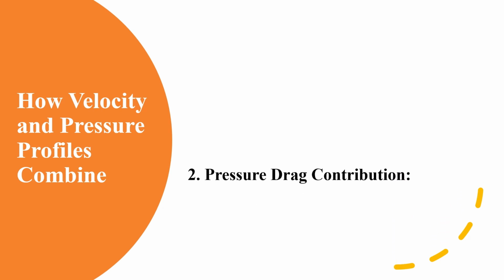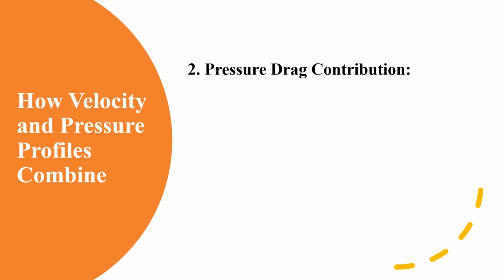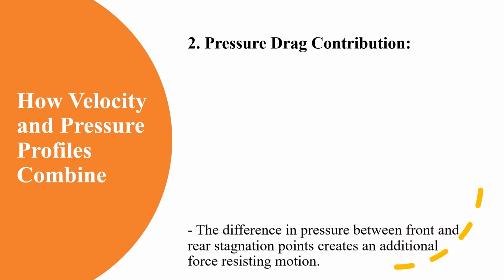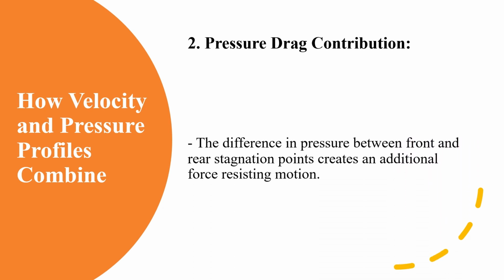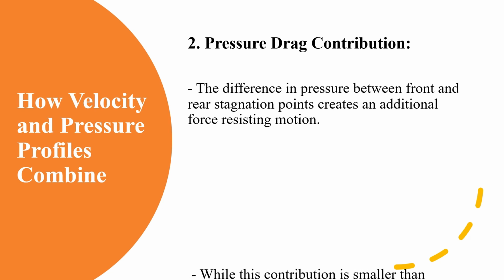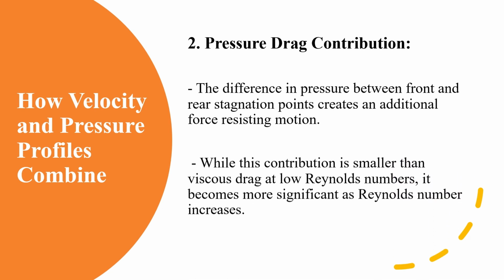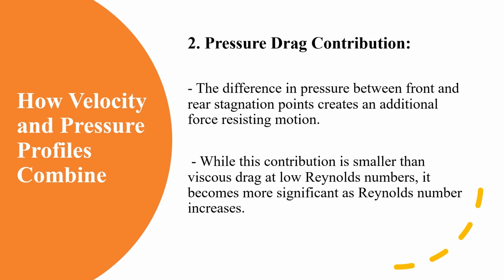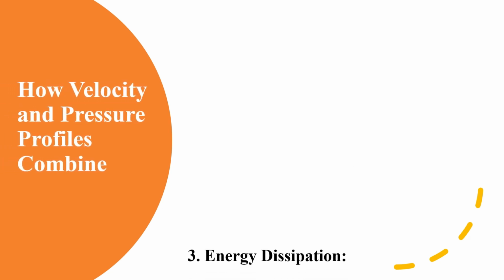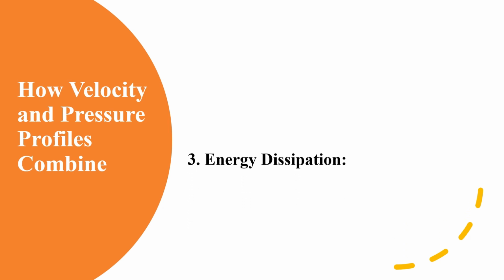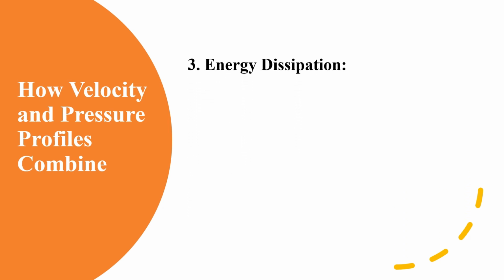Pressure drag comes from the difference in pressure between the front and the rear stagnation point. Though it's smaller than viscous drag at low Reynolds number, it still plays a role in resisting motion. Both viscous forces and pressure forces contribute to energy dissipation within the fluid.